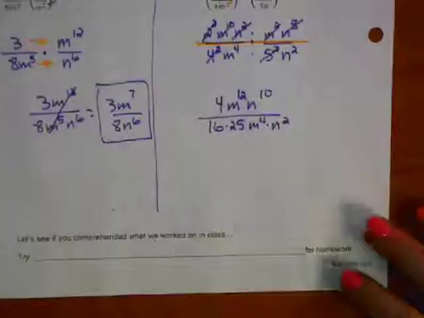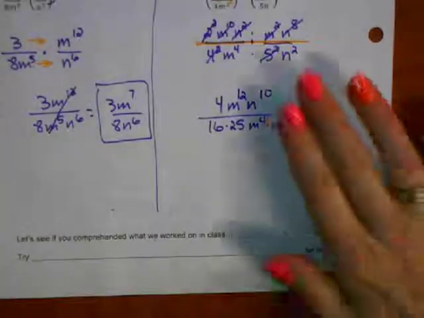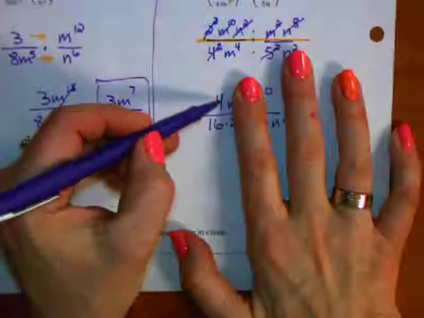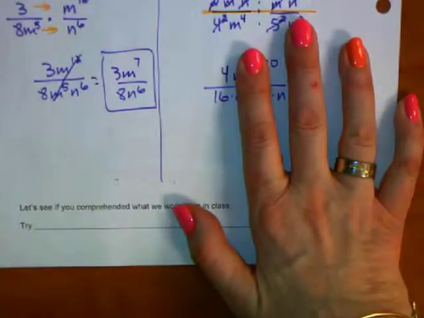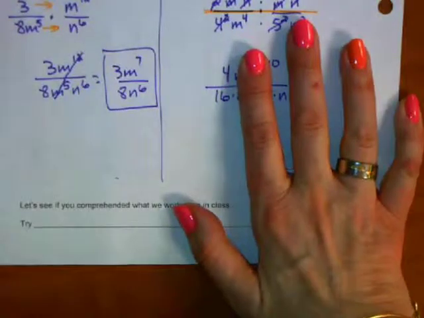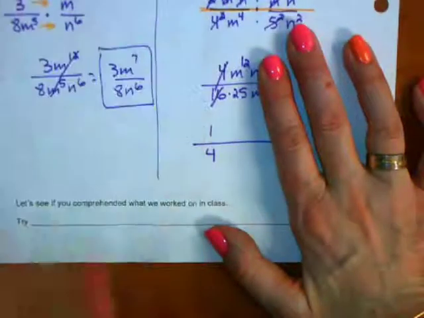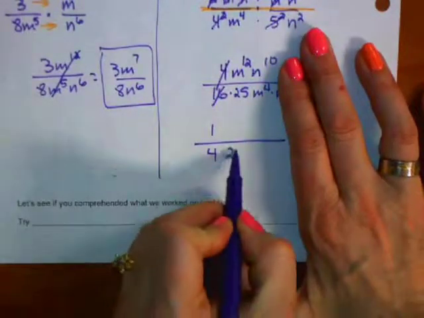Okay. Now I'm closer. I'm almost done. Let's stop and say, wait a minute, look at this. 4 over 16. Can that be reduced to what? 1/4, right? So I'm going to write a new fraction. I'm going to say 1/4. That takes care of those two. I still have the 25, so I'm going to write that there.